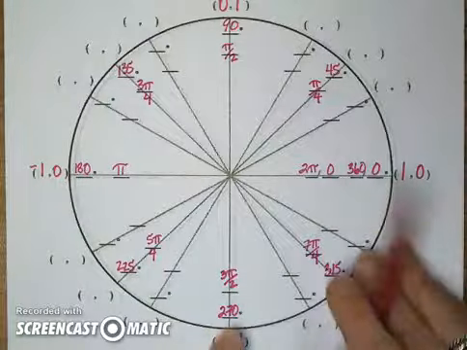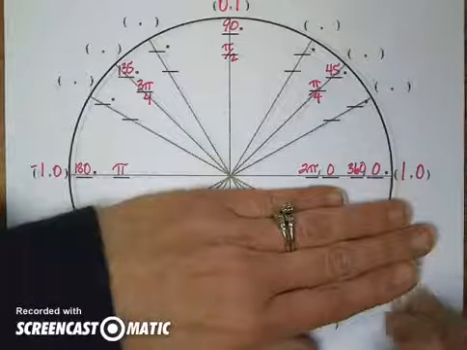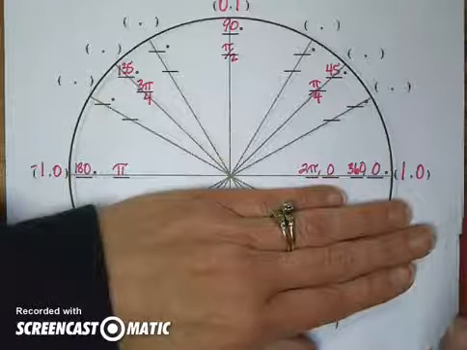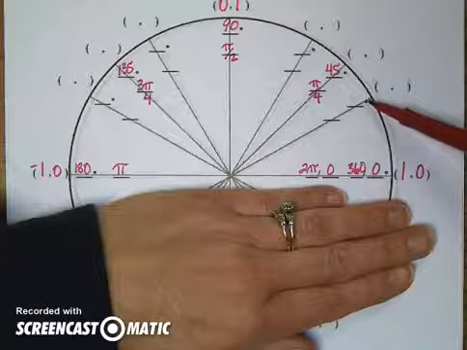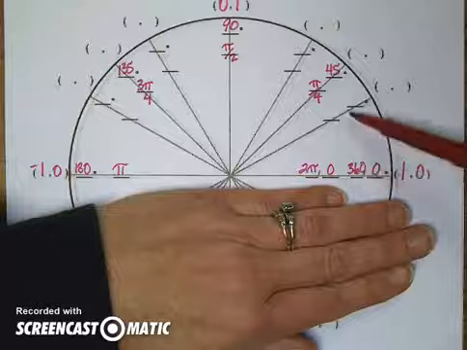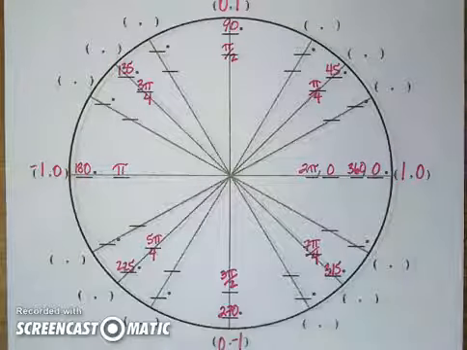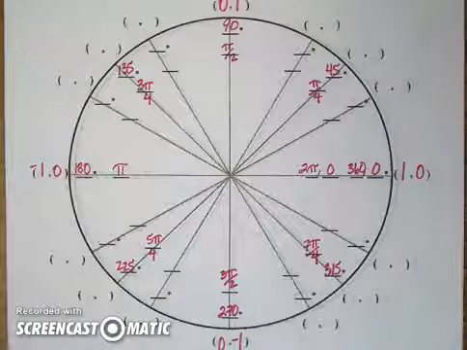Now this continues, still looking at this first, at the half. If I come up here to this first line, that is 30 degrees. I'm going to switch colors because now we're going to play with the other angles.